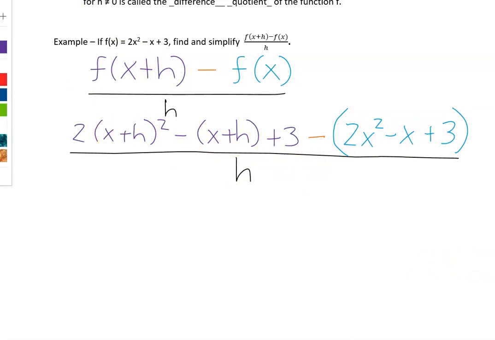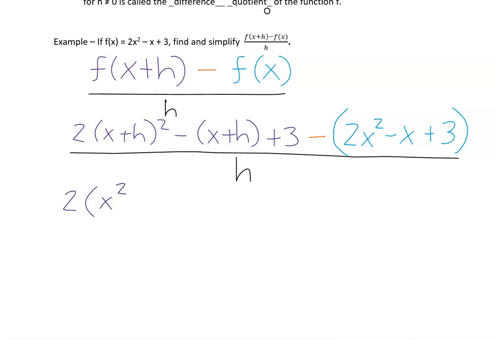So let's start with our purple section here, our f of x plus h. We're going to start by squaring x plus h, because remember, x plus h squared means x plus h times x plus h, or we can use the special product rule. I'm going to choose to use the special product rule just because I think it's a little quicker. So we square the first term and get x squared.